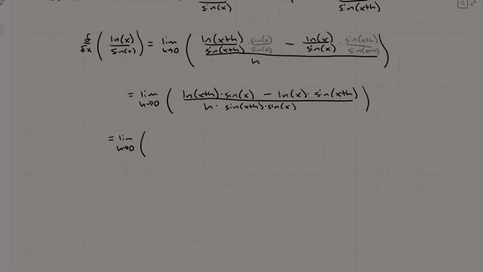First things first, let's just write it how we have it. So the numerator: ln(x plus h) times sine of x minus ln of x times sine(x plus h). Now what we're going to want to do is add ln of x times sine of x.